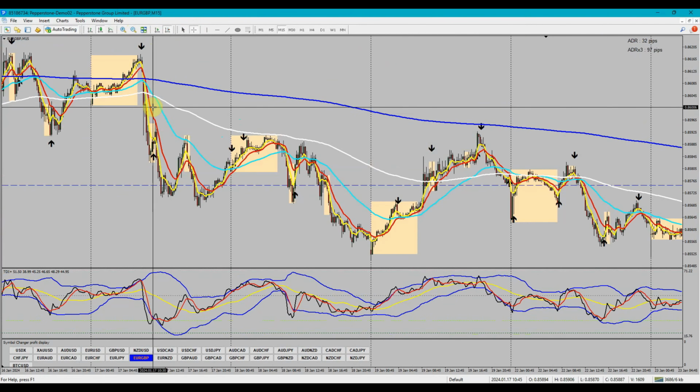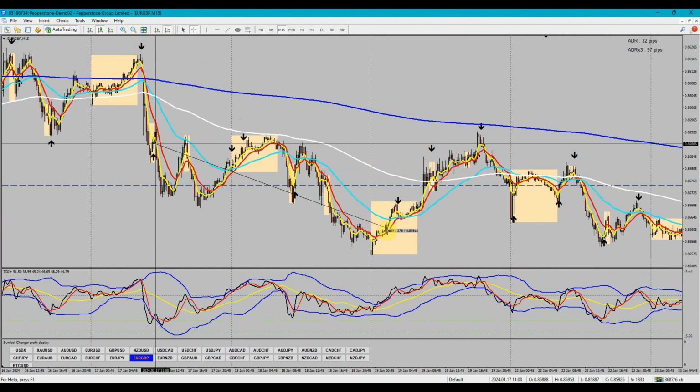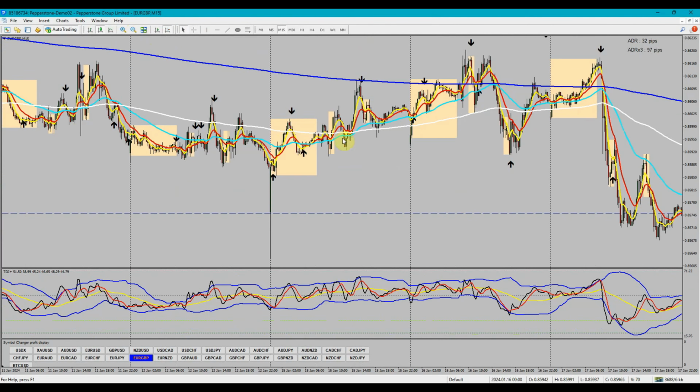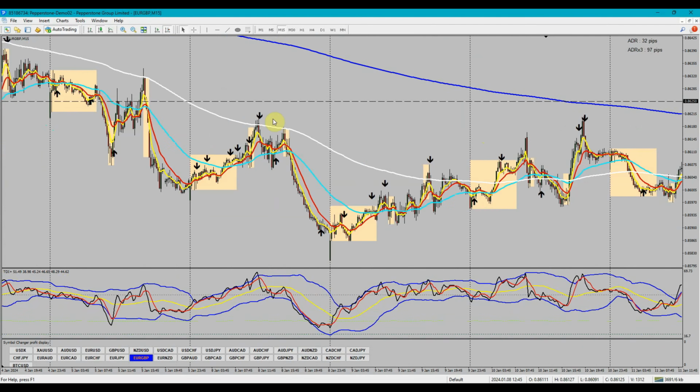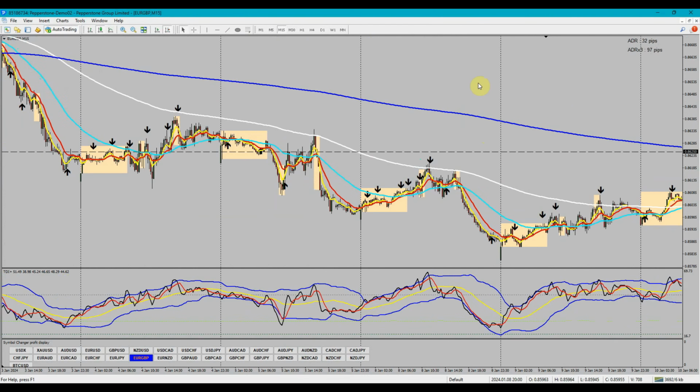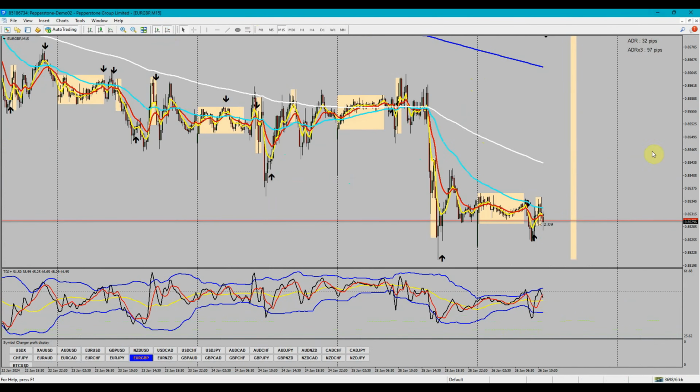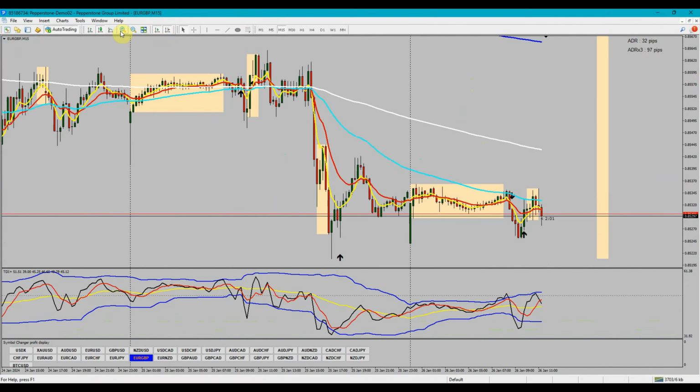Our 50 and 200 crossed right here, we had movement to the downside. Our 50 and 200 crossed to the upside here, we have movement to the upside. Now, granted, different pairs will give you different amounts. Like I said, this is a very low volatile pair. As you can see, the ADR is 32. So because the ADR is so low, I would probably go for about 10 pips, probably even less on any given day because of its low volatility.